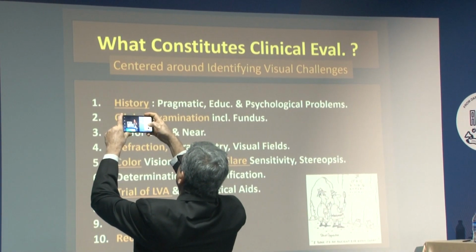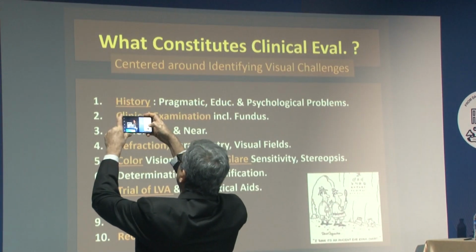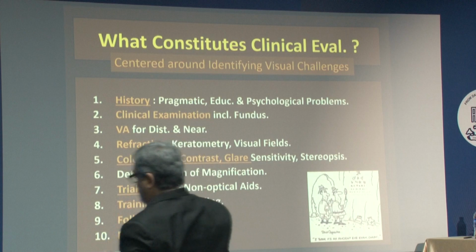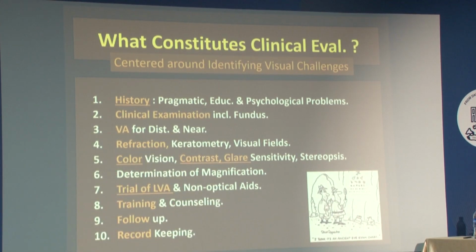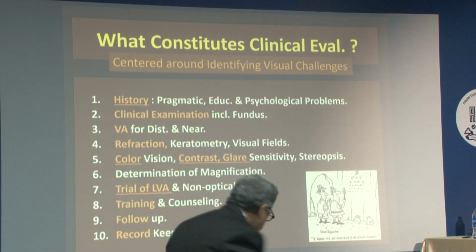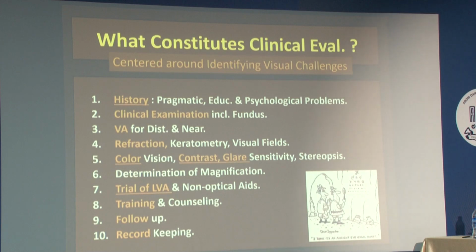A clinical evaluation involves thoroughly examining a patient's visual acuity, visual field, contrast sensitivity, color vision, and other aspects of visual function. It also includes a comprehensive assessment of their overall health, medical history, and lifestyle factors that may impact their visual function.